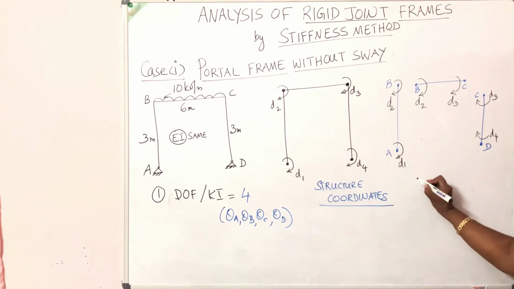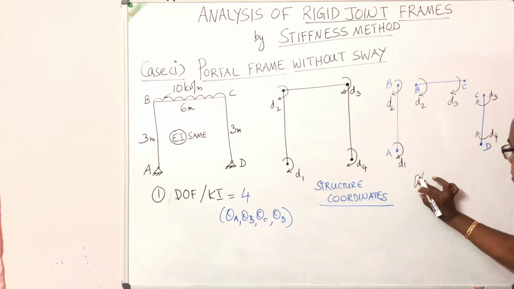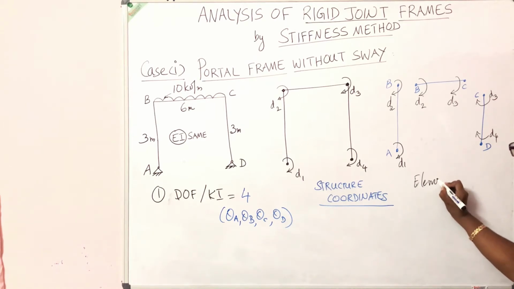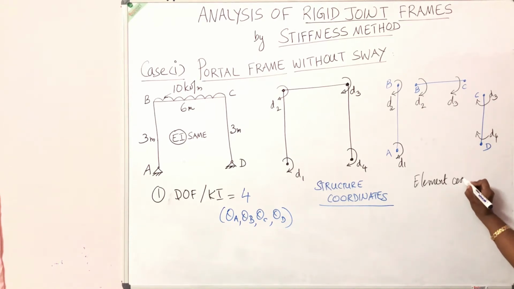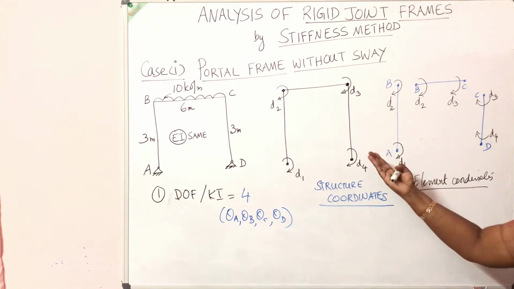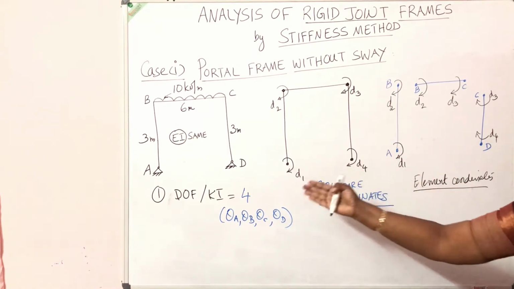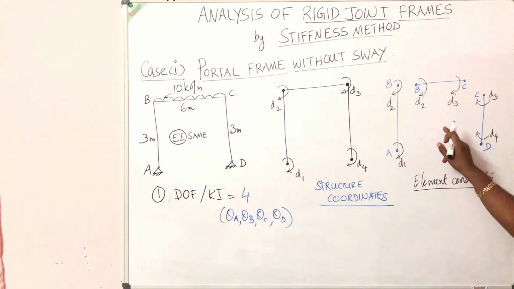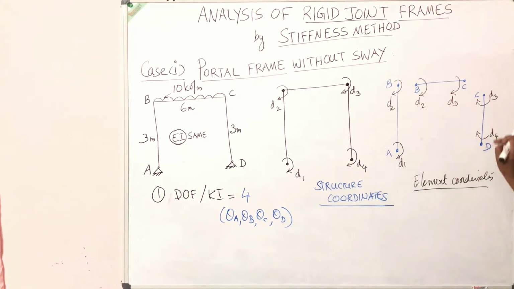So these are called the element coordinates. This is the first step: identify the degree of freedom, mark the structure coordinates, see if there are any known boundary conditions. From that you find out what the degrees of freedom are. Then split up into elements and mark the coordinates at the two ends of the elements.